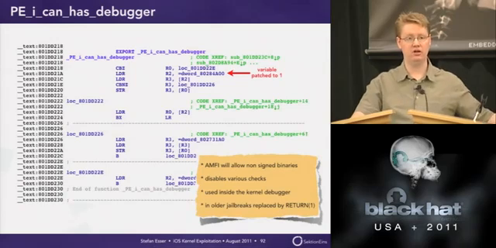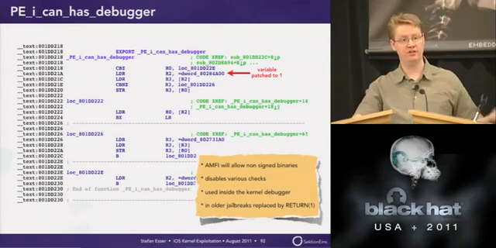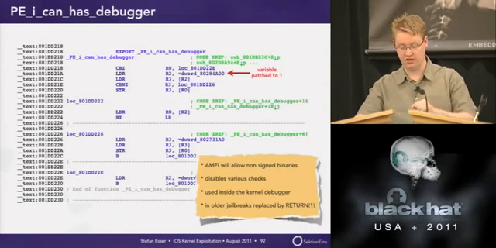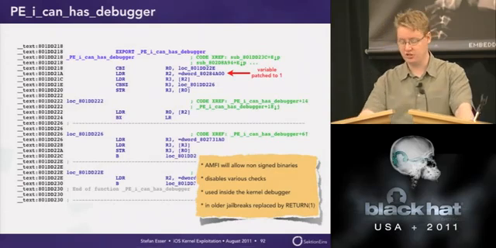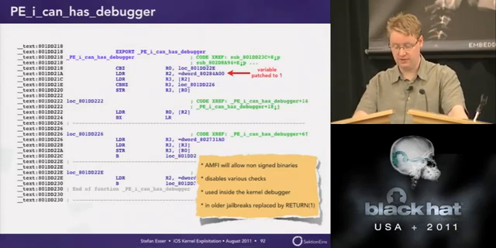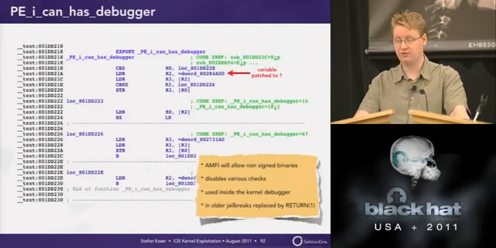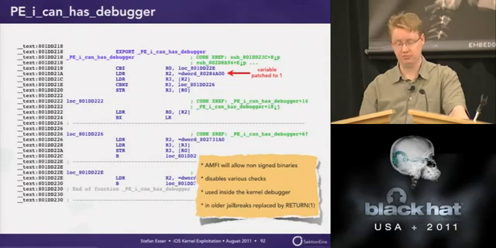Previous was for wrongly signed binaries. This is for not signed binaries. It also disables various other checks. And like I said, you need it for the kernel debugger to run perfectly. It's just setting 1 byte in memory to 1, so it's a very simple patch.